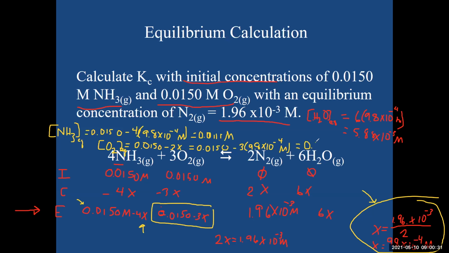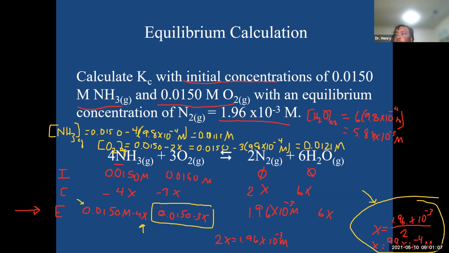Sorry, let me plug it into my calculator. It's 0.0150 minus 3 times 9.8 times 10 to the negative 4. Okay, so we'll get 0.01251 molar for the concentration of oxygen.